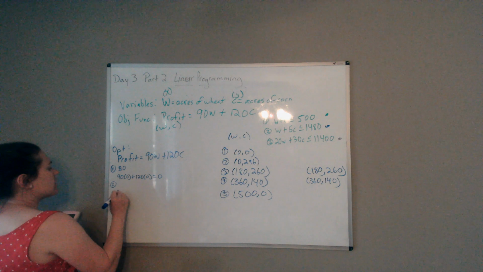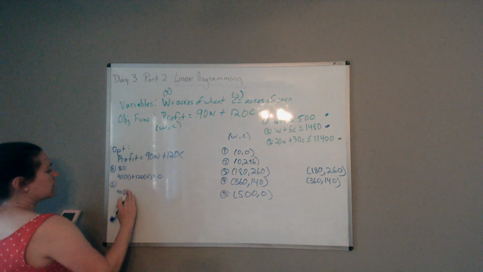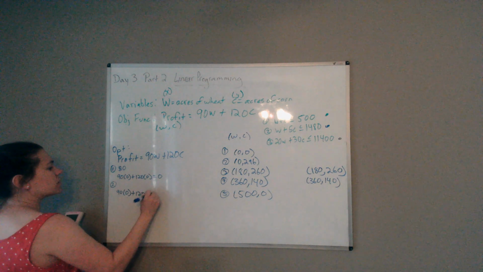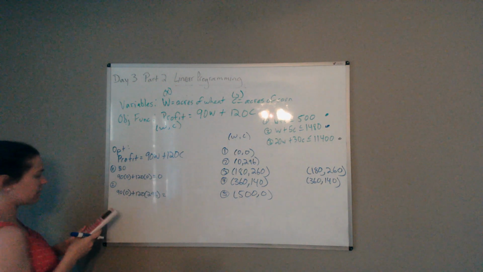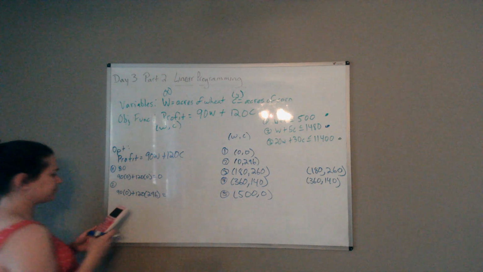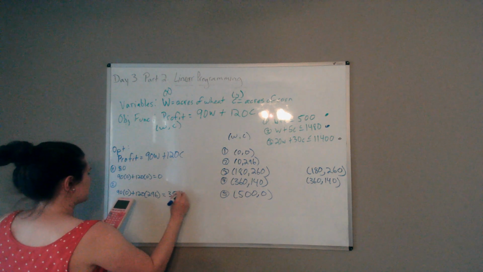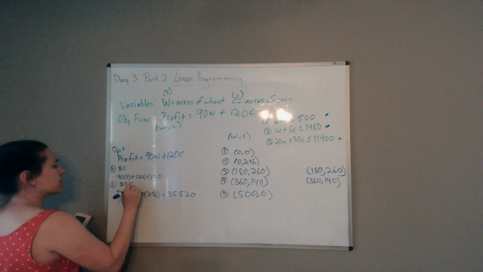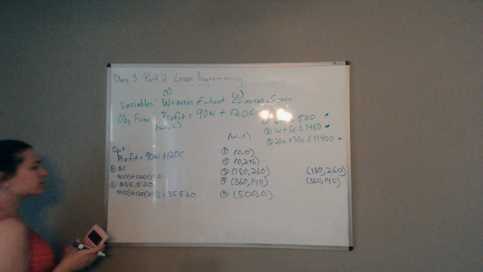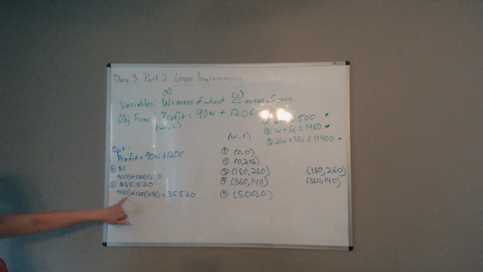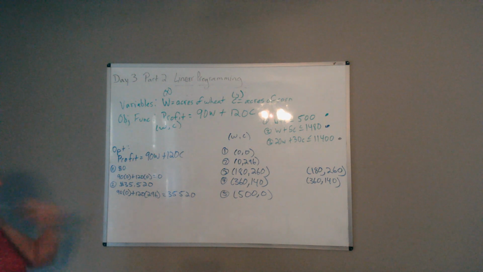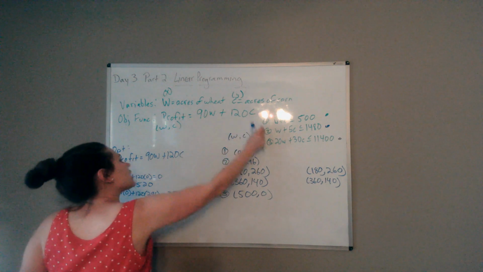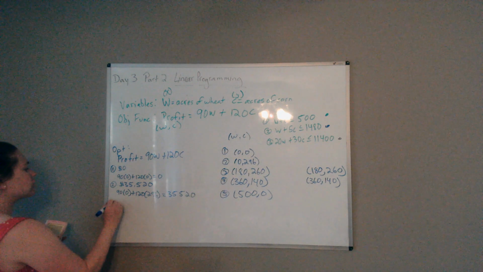Then 90 times 0 plus 120 times 296. That's going to give us $35,520. So that's our profit if we decide to do no acres of wheat and 296 acres of corn. And this pairing satisfies all of our constraints.